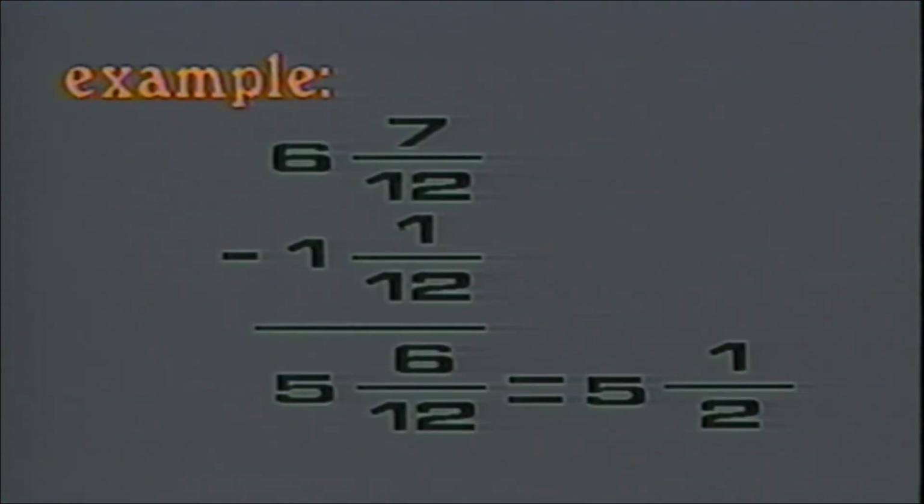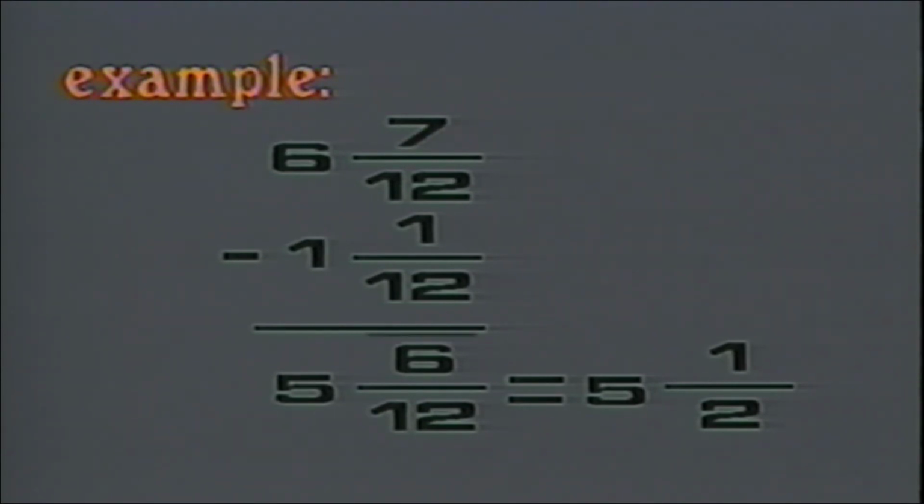Oh well, it was time to try subtracting mixed numbers anyway. Let me try. At last count, we had 6 and 7/12 dozen donuts. Now we'll subtract 1 and 1/12 dozen donuts. 6 minus 1 is 5. 7/12 minus 1/12 equals 6/12, which reduces to 1/2.